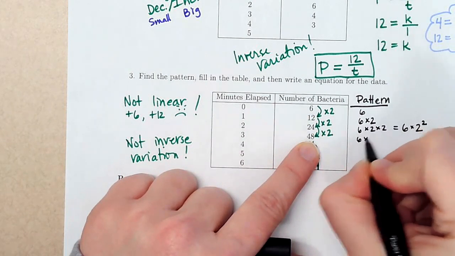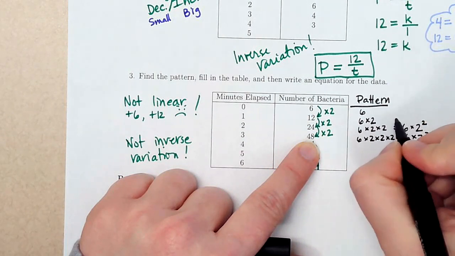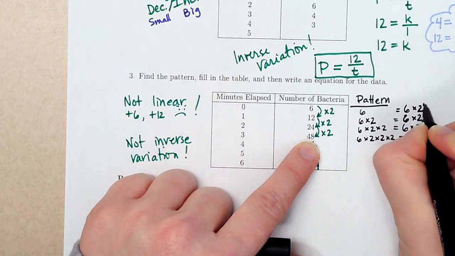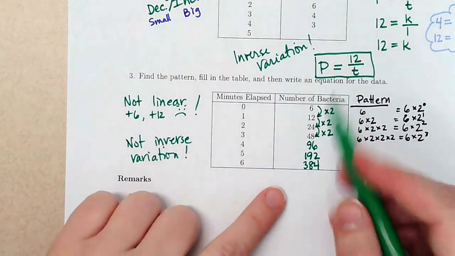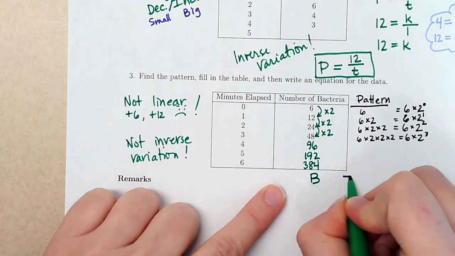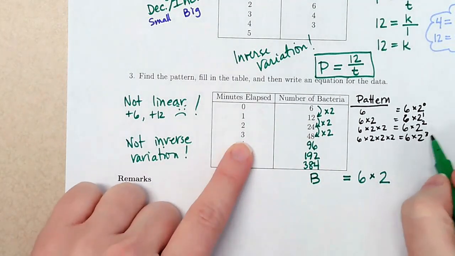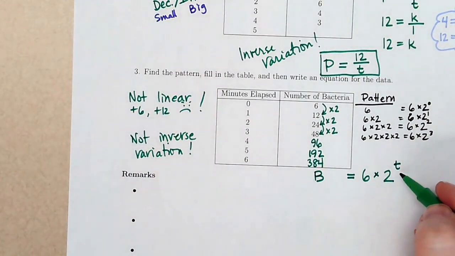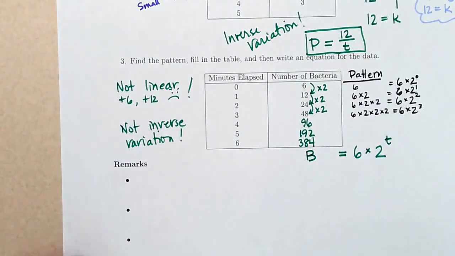This one we doubled again, 2 times 2 times 2, 6 times 2 cubed, and this is 6 times 2 to the first, and this is 6 times scale up by 2, no times. Okay, equation. So I would say B is equal to 6 times 2 to the T, where it's doubling every time, but now I used an exponent because it was constantly doubling, or multiplying by 2 each time.